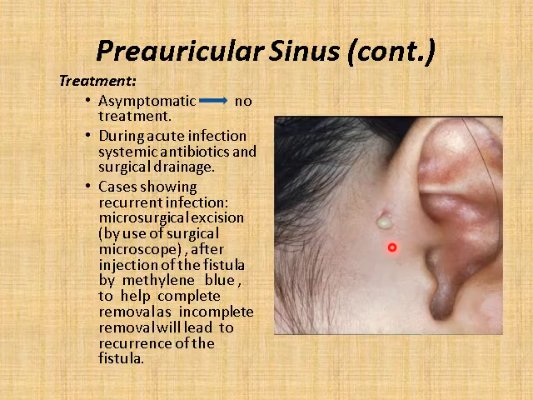This is a minor operation, but it has to be done very accurately with complete excision of the whole sinus, otherwise recurrence will occur, and that's why we inject a dye inside the sinus, methylene blue dye, to help during this operation for the complete excision.